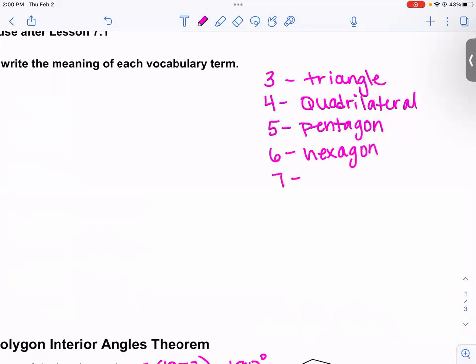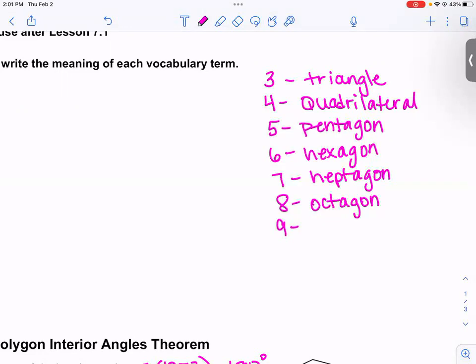Aiden, do you remember 7 sides? Heptagon. Octagon. We all should know octagon, right? We see them every time our parents drive us somewhere. A stop sign. Next time you see a stop sign, count the sides.